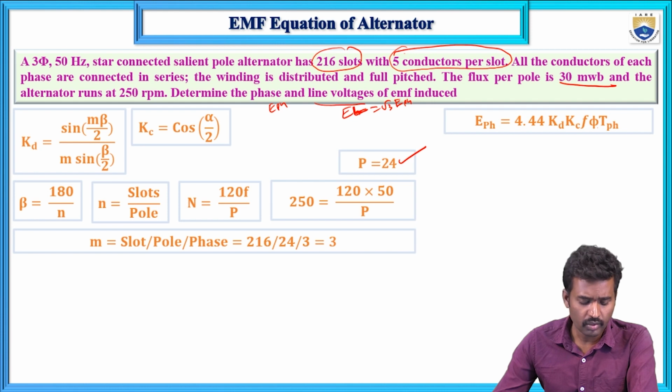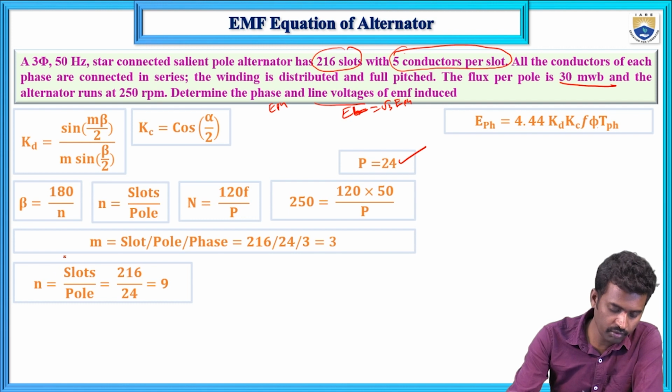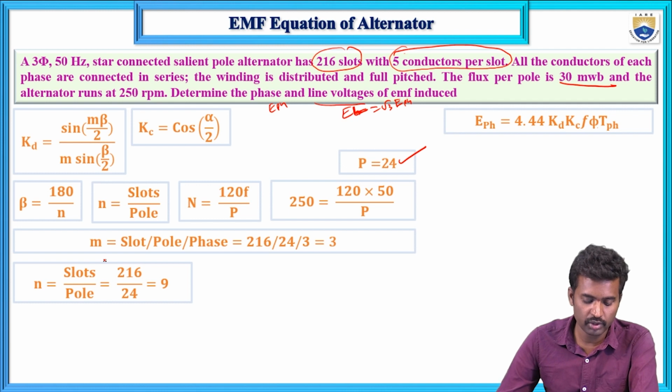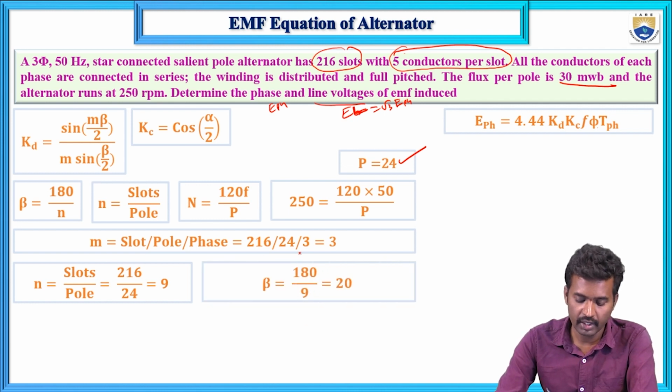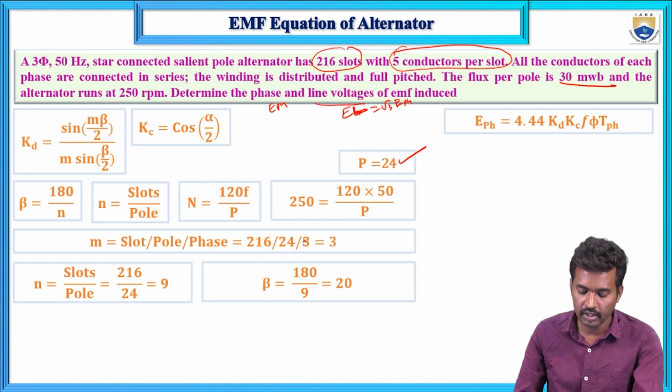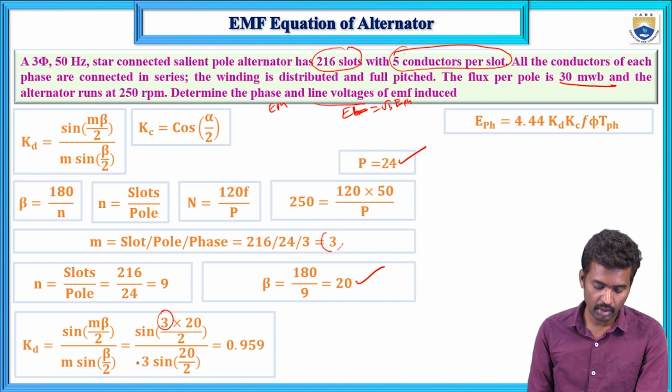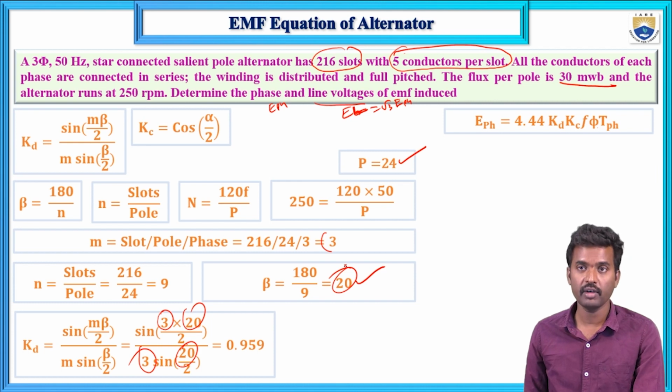Now here M equals 3, and for the slot angle, n equals number of slots per pole, that is 216 by 24, that equals 9, and the angle beta equals 180 by 9, that equals 20. If you substitute in this, kd equals sine m beta by 2 over m sine beta by 2, with m equals 3 and beta equals 20, that equals 0.959.